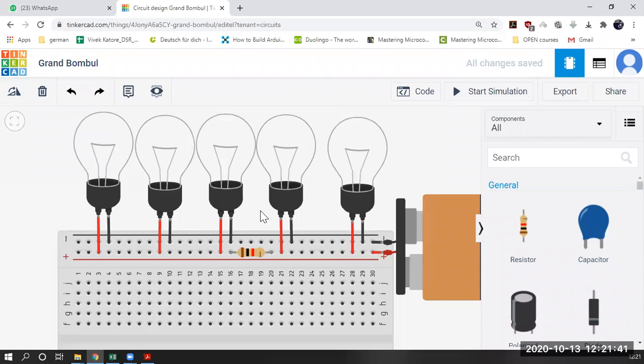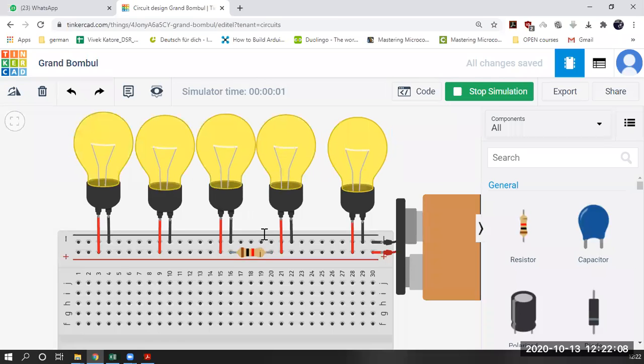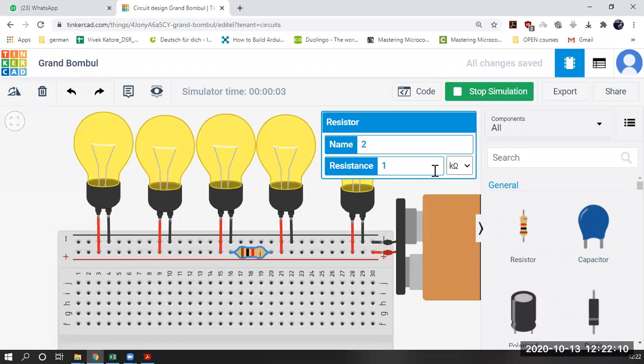You can give any kind of answer, whatever you think. Light glows lower. Yeah, I understood what you're trying to say. It will glow, but its intensity or the brightness will be a little less. Because what is the use of a resistor? A resistor will reduce the flow of current, right? Let me increase its resistance.